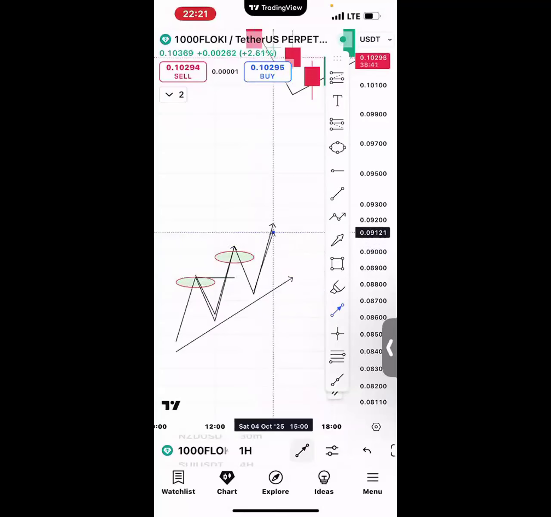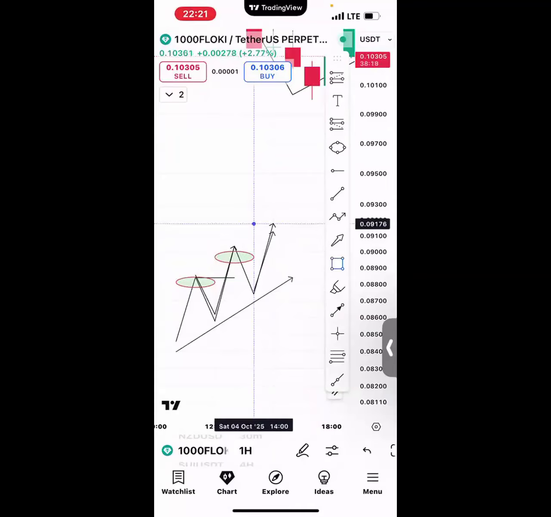How can you spot your order block here? You want to look for the institutional candle, and if it's in an uptrend, it's the last down candle, the last bearish candle, which is the red candle, right? The last bearish candle. That will be your order block, right?